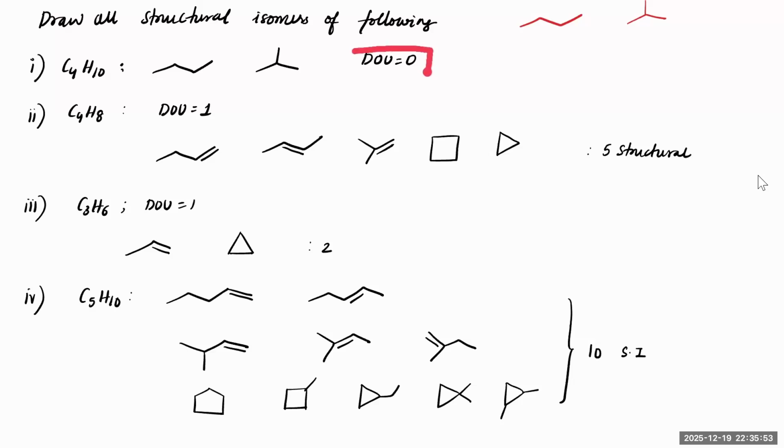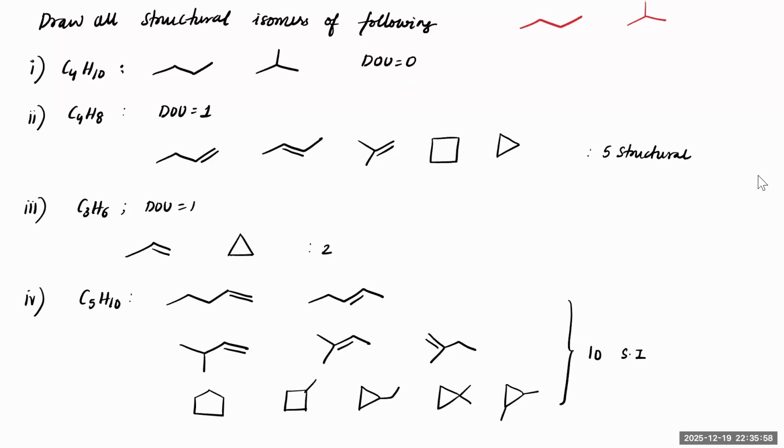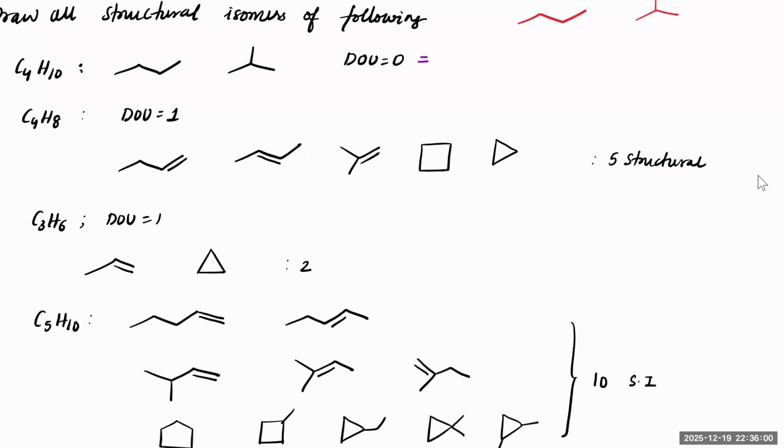The first logic is to figure out the degree of unsaturation. The degree of unsaturation in this case is number of carbons plus 1, minus number of hydrogens by 2, that is 4 plus 1 minus 10 by 2, which makes it 0. So the degree of unsaturation is 0, which means I cannot make any double bond, triple bond, or cyclic structure.